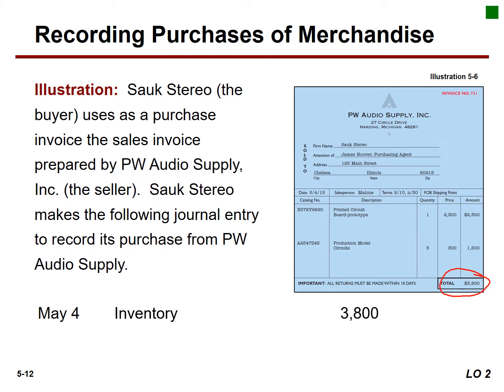And since they're buying it on account, we know that because there's credit terms shown here. Again, we'll talk about what this means in a minute. Sauk Stereo is going to pay for this at a later date, so we're going to credit accounts payable. Sauk Stereo now owes PW Audio Supply $3,800.